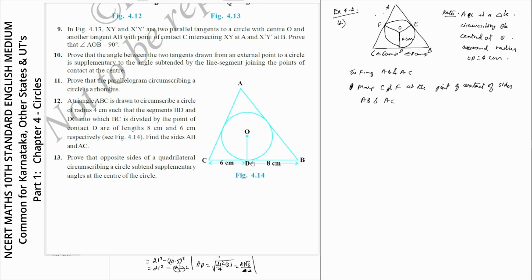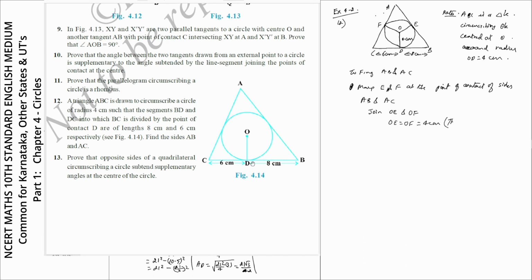So the line drawn perpendicular from the point of contact to a tangent is nothing but the radius. Therefore OE and OF are equal to 4 centimeter. Join OE and OF. So OE is equal to OF is equal to 4 centimeter. What is the reason?